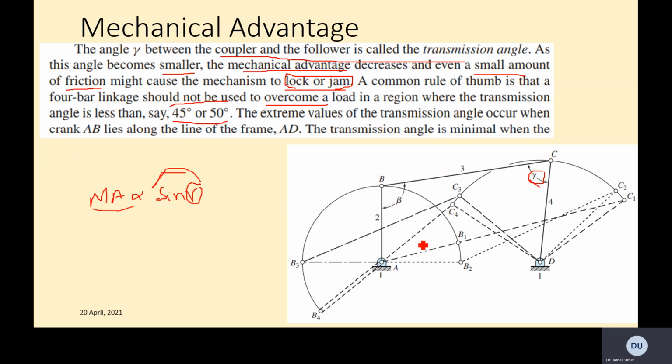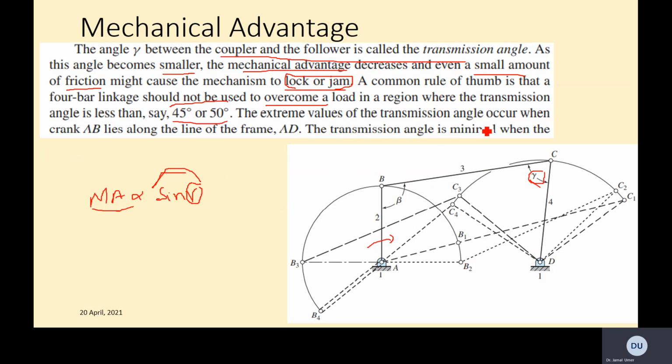What does it mean? It means it will continuously run, but you are taking an intermittent work output. We try not to take any work during the angle when it's less than 45 or 50 degrees. So this is the rule of thumb.